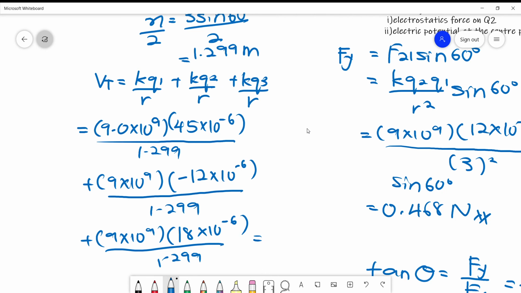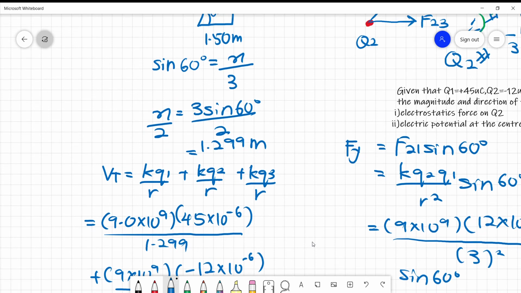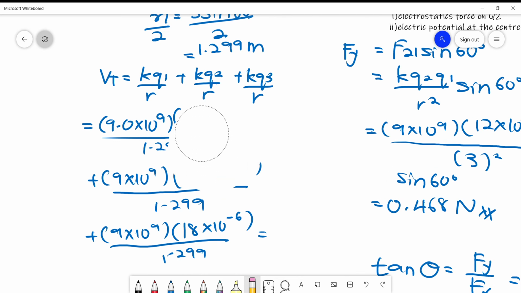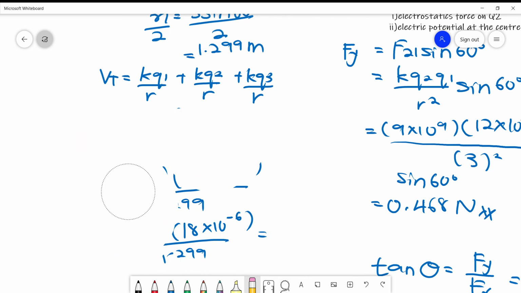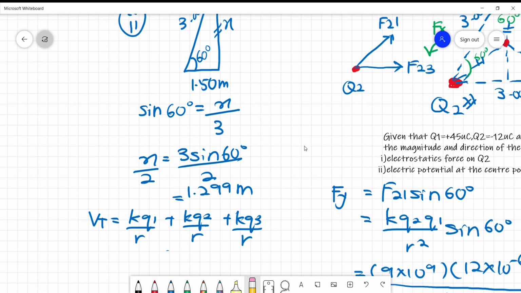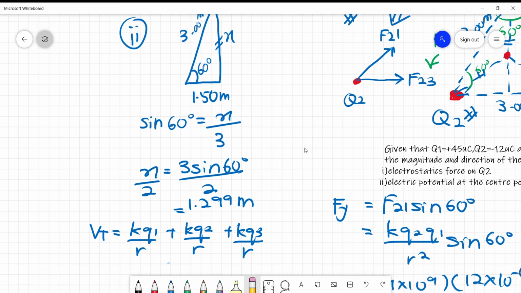I think the distance is actually wrong. Let me erase this one first. The problem is actually from the distance. Let me drag it up a bit and zoom out.